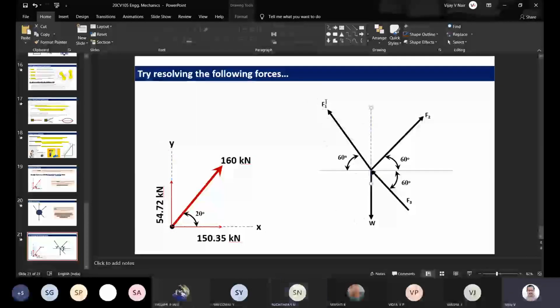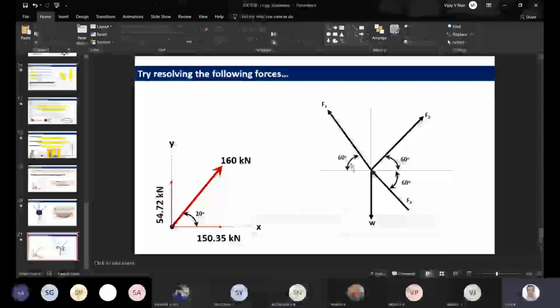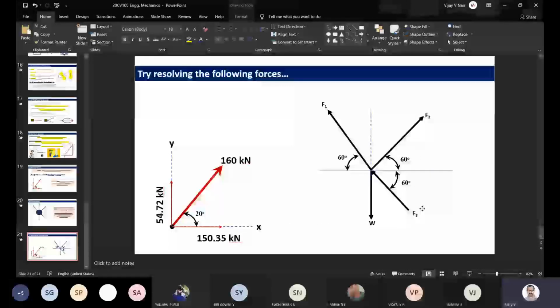You just generate F1 along x-axis and y-axis. What you can do is make a table and resolve F1, F2, F3 and W. Make the y component separately and keep the x component separately. You should have the force values also, right?